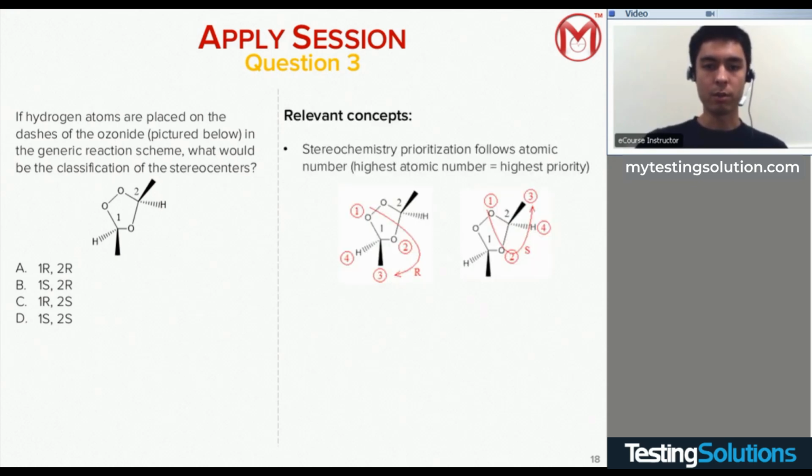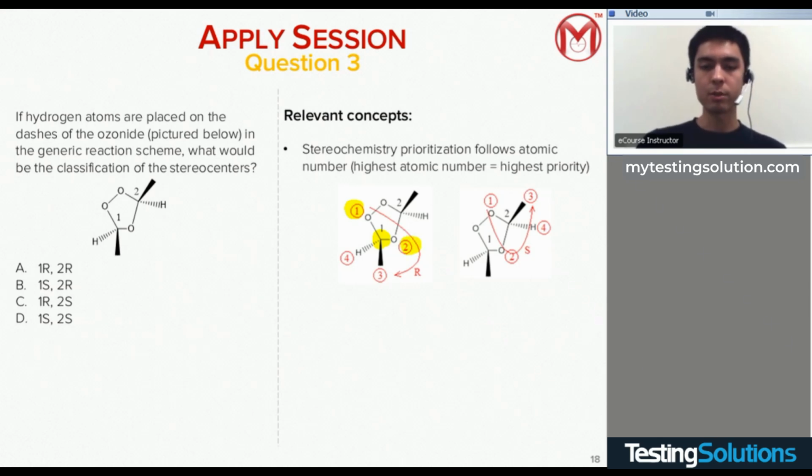Well, let's look at each of them individually. For number 1, for this carbon atom, if we prioritize these groups, we can see that we're going to have number 1 in the top left corner right here. Why is this one number 1 and why is this one number 2?